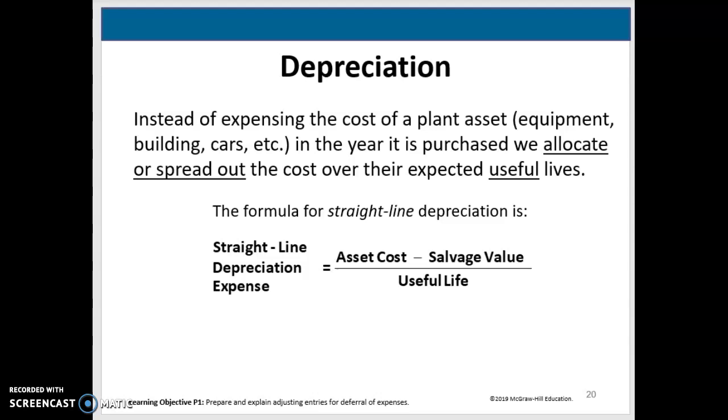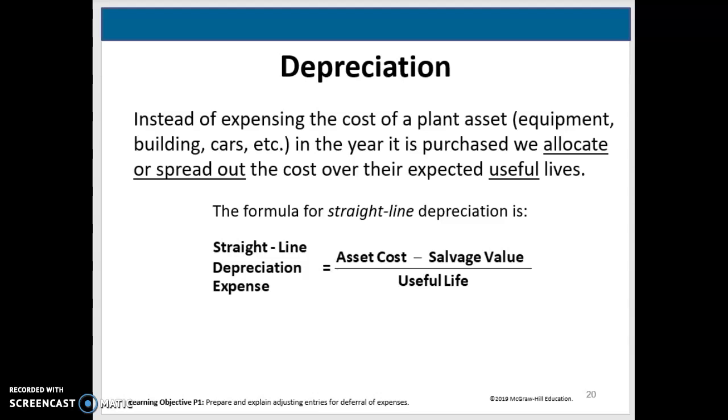So that's called depreciation. That's when we're allocating the cost of the plant asset over its useful life using a specific formula. At this point, we're going to be using the straight line formula, and later in chapter 10, we'll get into some other formulas for how to calculate depreciation. We're going to keep it simple for right now and use something called straight line depreciation.